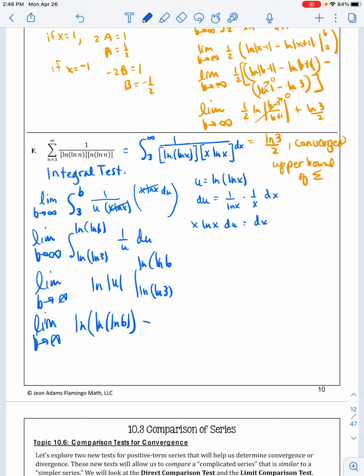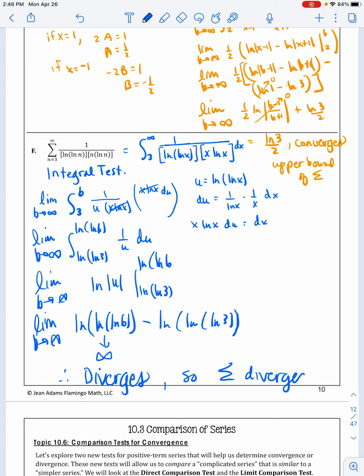And so ln of ln b, that's a lot of ln's, minus ln of ln 3. This goes to infinity. So therefore it diverges. And if this diverges, then the summation diverges.